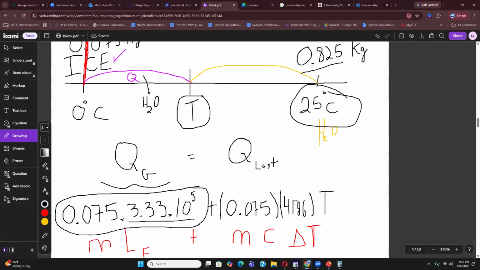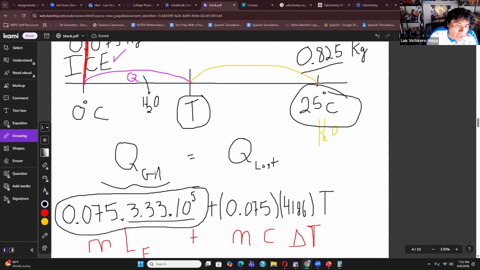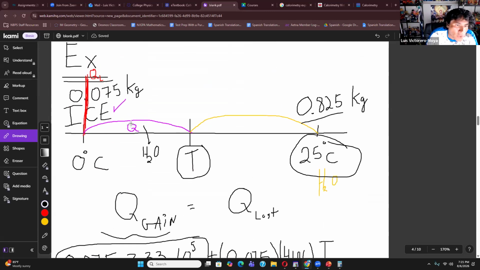Wait, I'm confused about how you got the value for QG. So QG or Q gain is the heat gained by ice. So since now we're including phase change, ice has to melt before it raises its temperature, right?